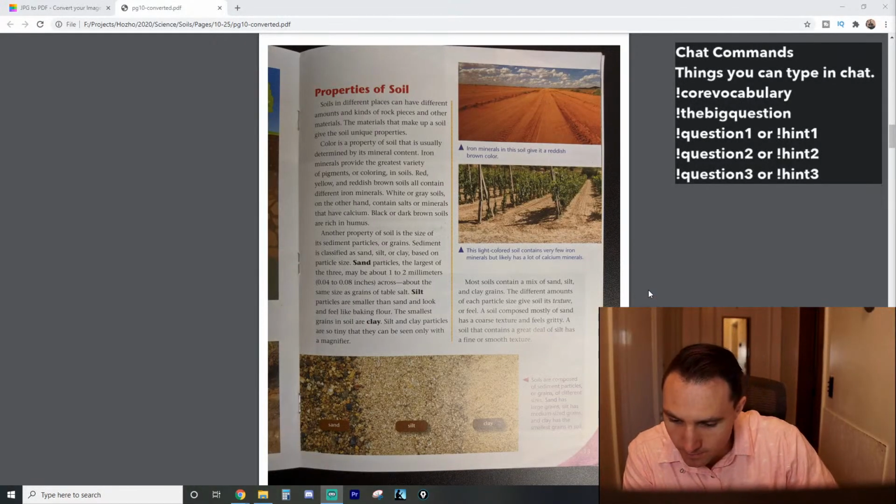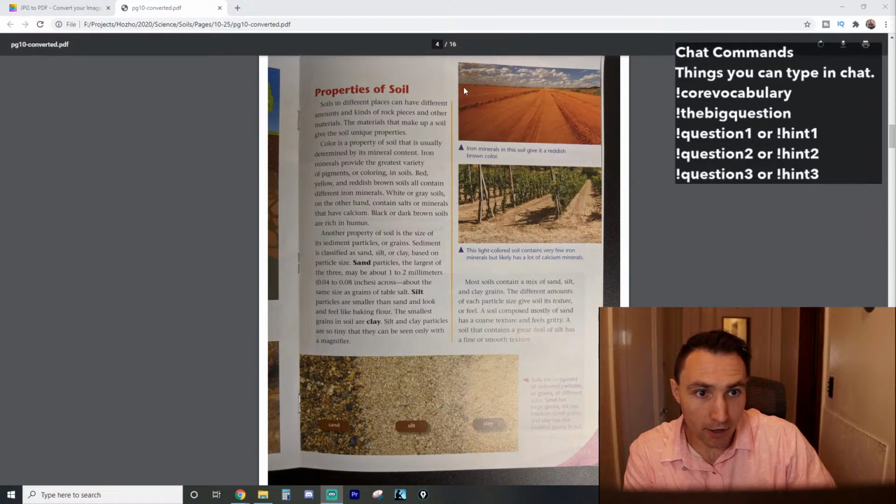All right, so if we were to look at this picture right here, what gives this soil this type of color? Why is this soil this reddish brown color? And then why does this soil look different from this picture? So that's our question 3.